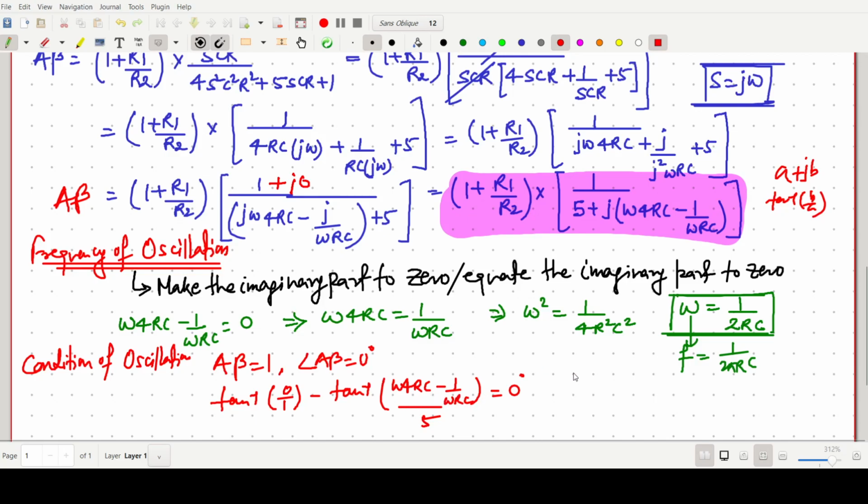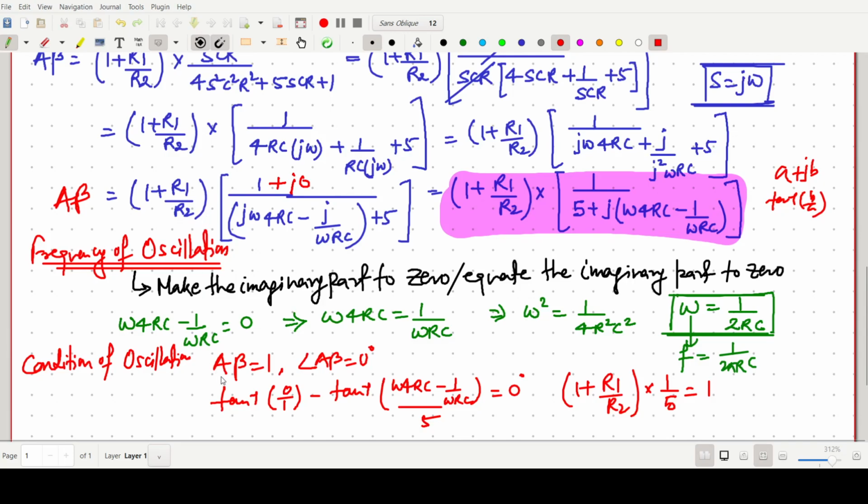So tan inverse, from here we can write directly 1 plus r1 by r2, the internal term, into 1 by 5, 1 by 5 into 1 by 5 equals to 1. Means we have written the tan inverse, this term equals to 0. So it should be 1 by 5. Just make 1 plus r1 by r2, the modulus.